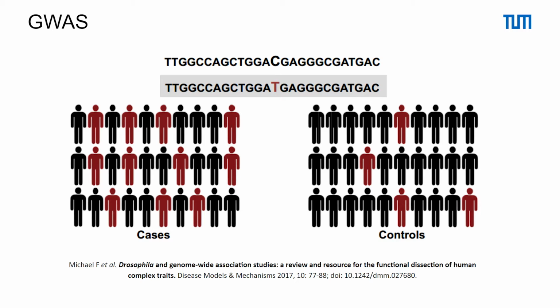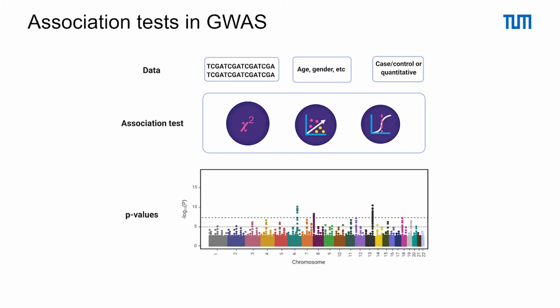the disease. In a more systematic approach, GWAS data consisting of SNP values, confounding factors, e.g. age or gender, as well as phenotypes, which can be case/control or quantitative, is given to an association test such as chi-square, linear regression, or logistic regression.